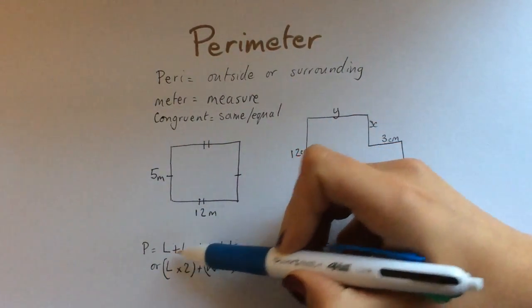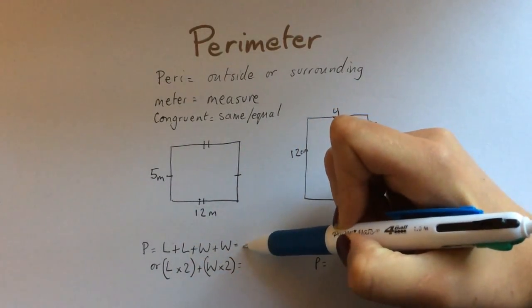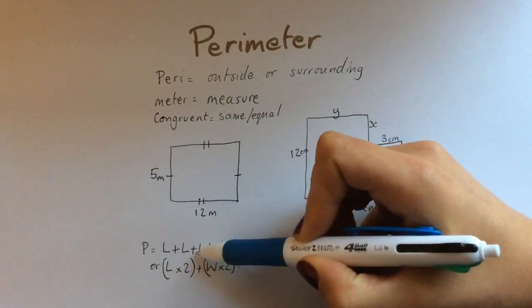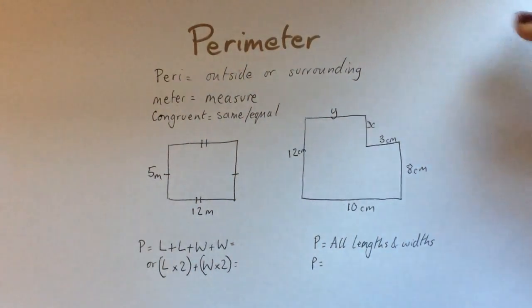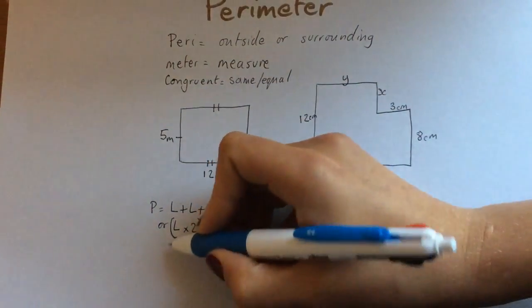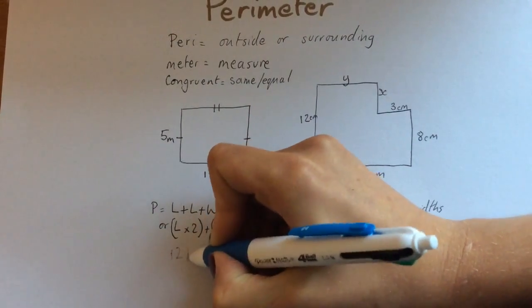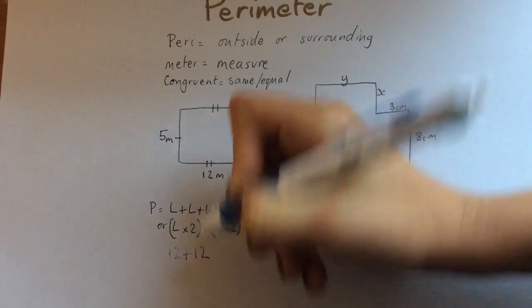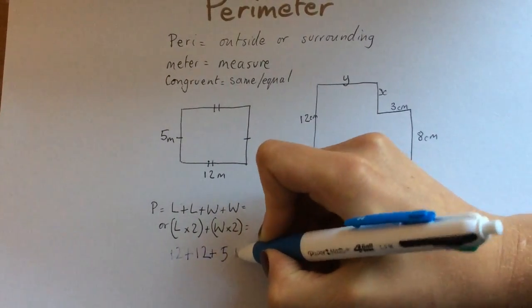For the purposes of this video, I'm going to just use this top one here. So length plus width. I'll just move this back a bit so we've got more room. The length here is 12 plus 12 plus 5 plus 5.